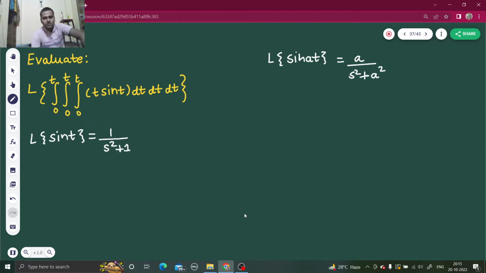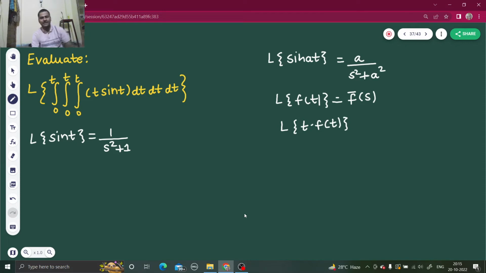What's next? If Laplace of f of t comes out to be f bar s, and you want to calculate Laplace of t multiplied by f of t, you don't want to use the definition, because you have already done hard work in obtaining the Laplace transform of f of t. Why do that work again? You don't need to repeat the definition work.